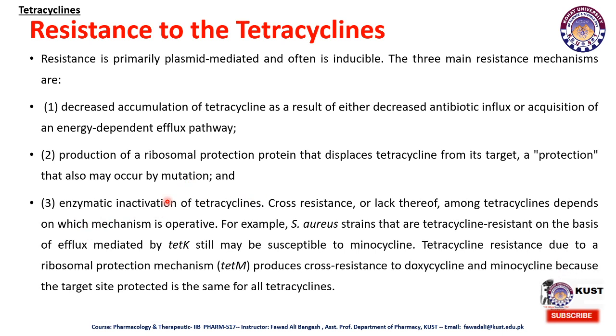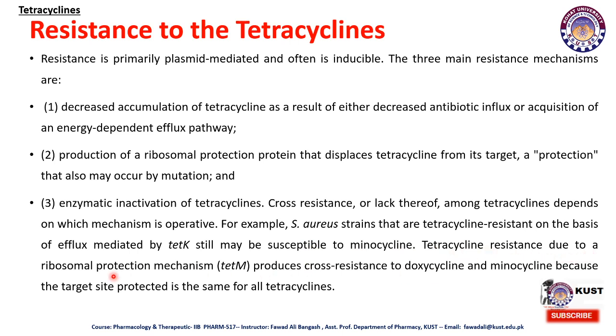Enzymatic inactivation of tetracycline. Cross-resistance or lack thereof among the tetracyclines depends upon which mechanism is operating. For example, Staphylococcus aureus strains that are resistant to tetracycline on the basis of efflux mediated by Tet(K) may still be sensitive to minocycline.